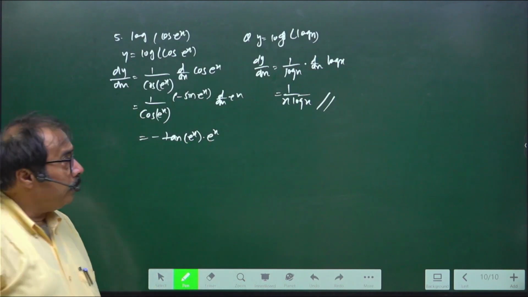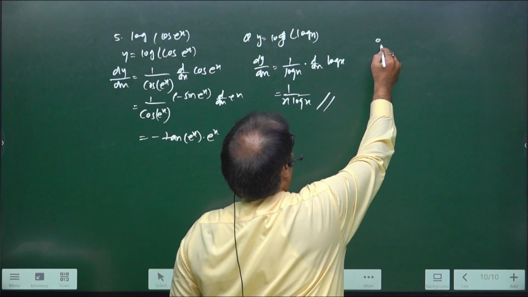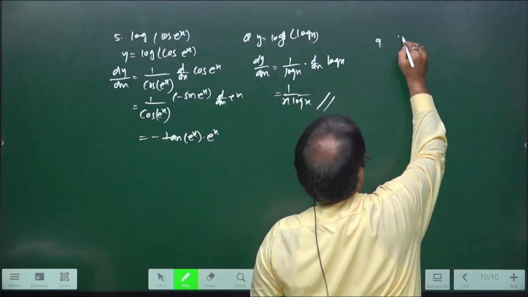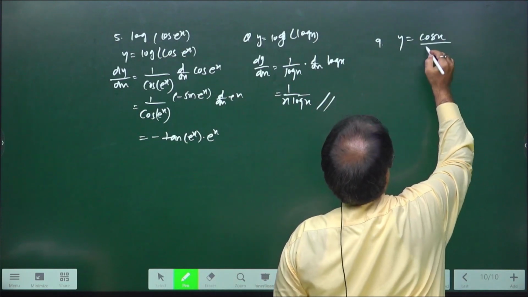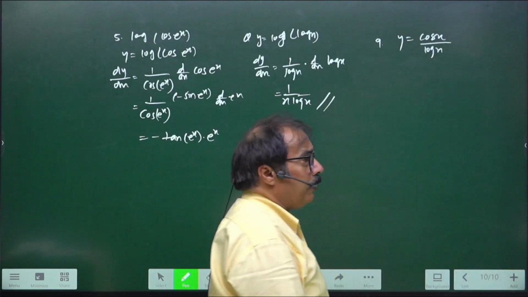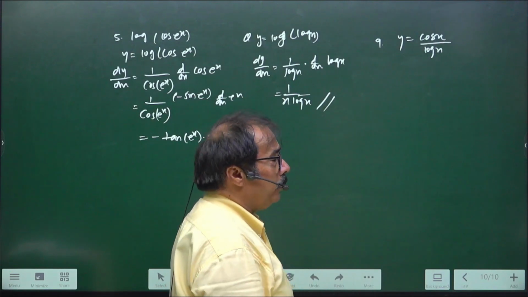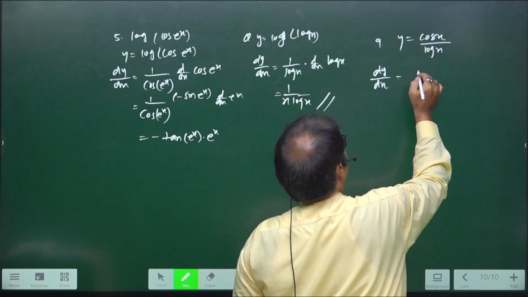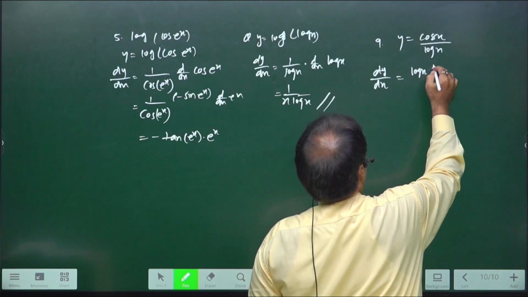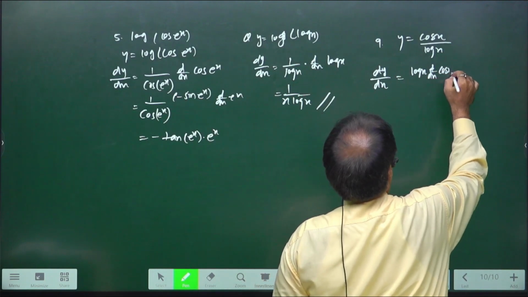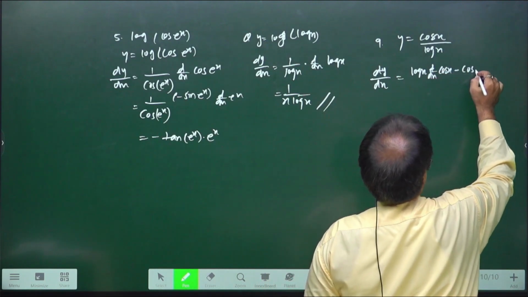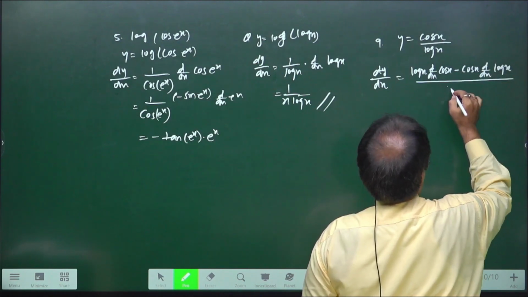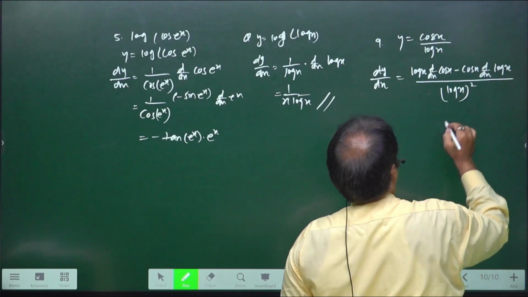Then the next question is on the basis of this log: y is equal to cos x upon log x. So here we will apply which rule? Quotient rule. So dy by dx is equal to denominator log x into d by dx of cos x, minus cos x into d by dx of log x, divided by denominator square, log x whole square.